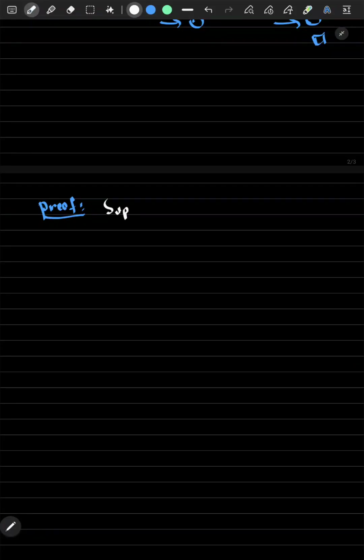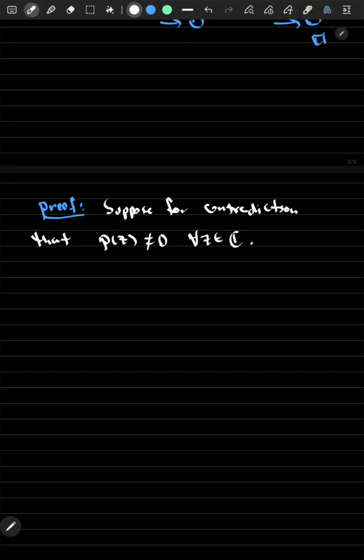So suppose for contradiction that p of z, which is our polynomial that we fixed, a polynomial with complex coefficients and integer exponents, doesn't have a root in the complex plane, doesn't have a single root, so p of z is not equal to 0 for every complex z.